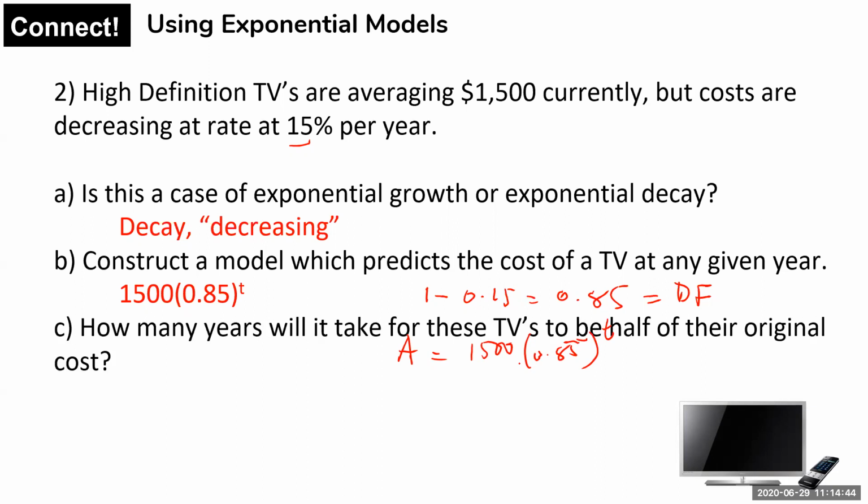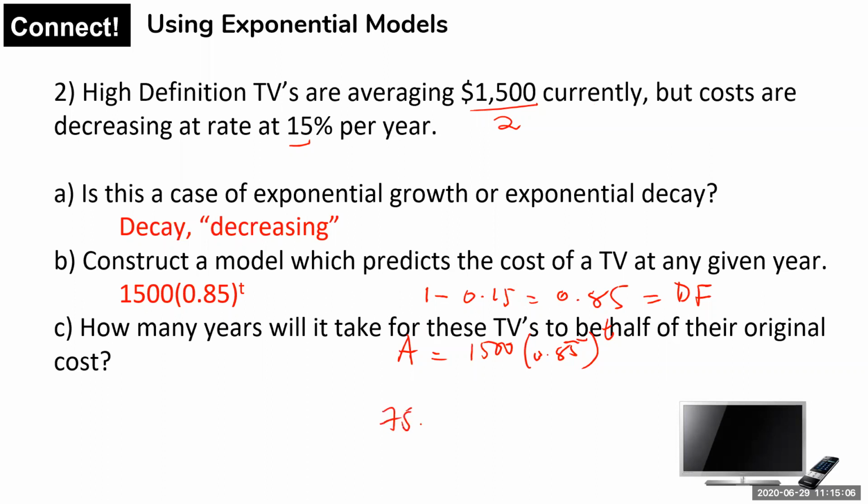Now, how many years will it take for these TVs to be half of their original price? So the starting value is what? 1,500. Half of that will be what? 750. So now what do you do?